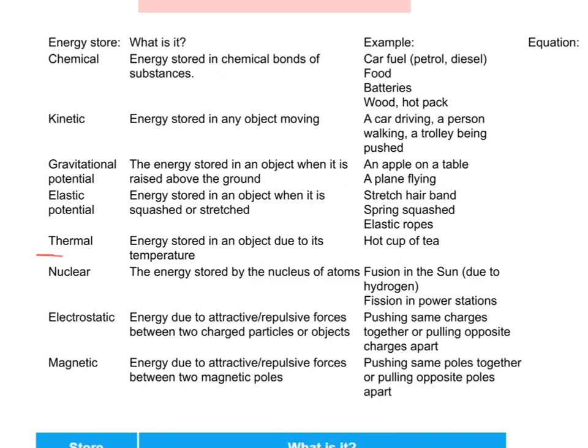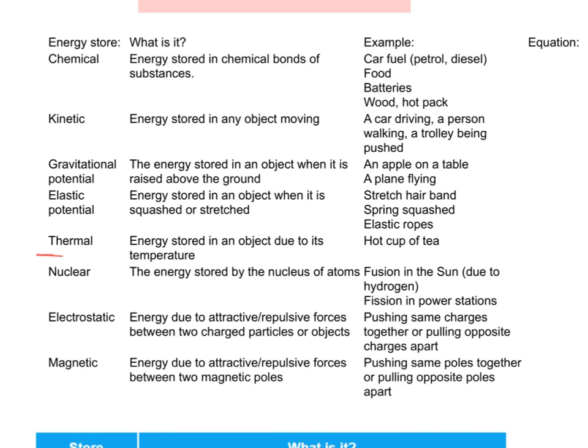So the chemical energy store of an object is energy stored between chemical bonds of substances. So car fuel like petrol and diesel stores energy within its bonds, so a chemical reaction will release that amount of energy. Food has sugars in it, and sugars are needed by our body to respire, a process called respiration, with which our body releases energy.